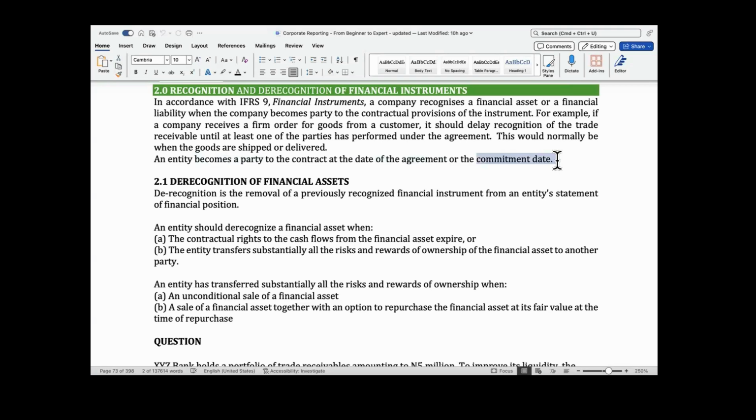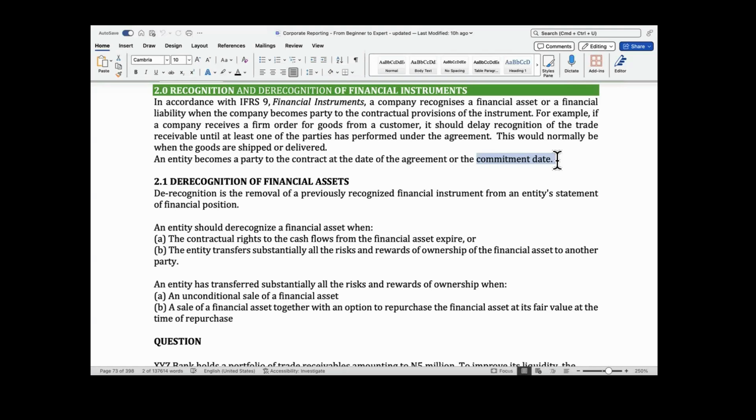It's just like when you receive an order from a customer. Are you going to immediately recognize sales or trade receivables? No. It's only when you have a commitment or an agreement. The guy saying "I want to buy" does not commit him. Do you have an agreement that he cannot go back, that he has to buy?